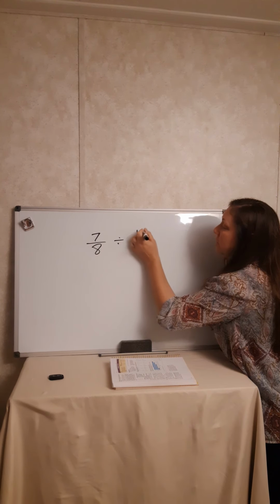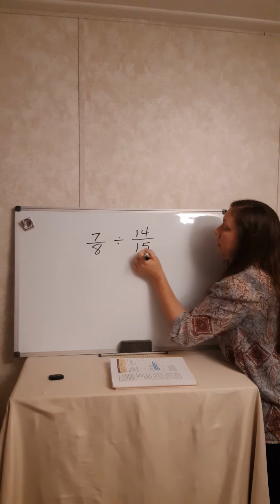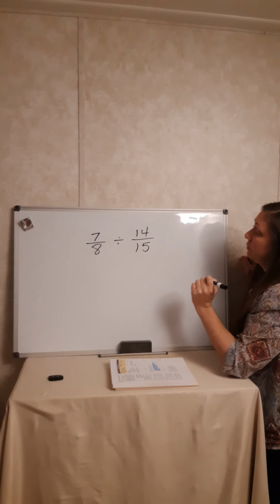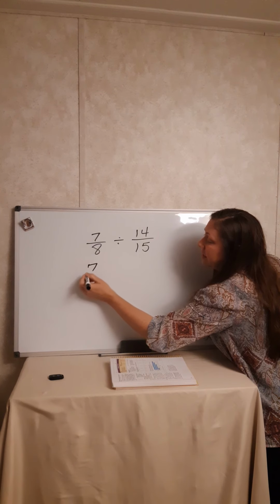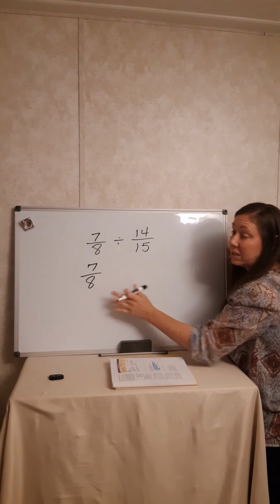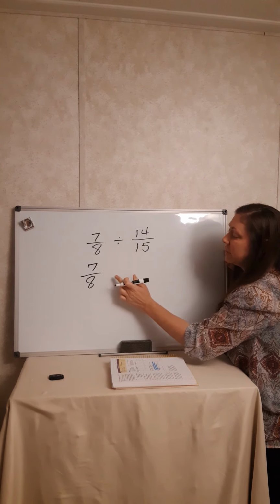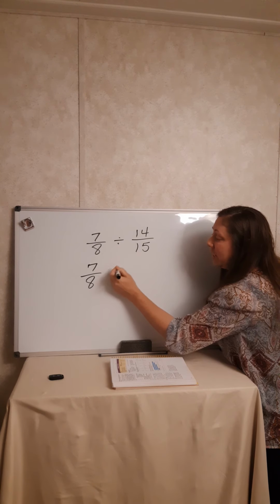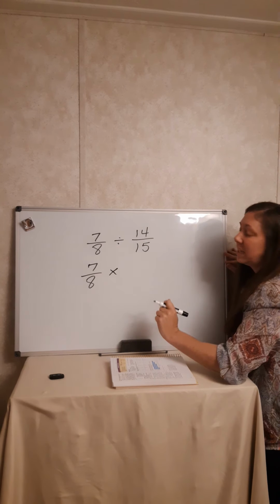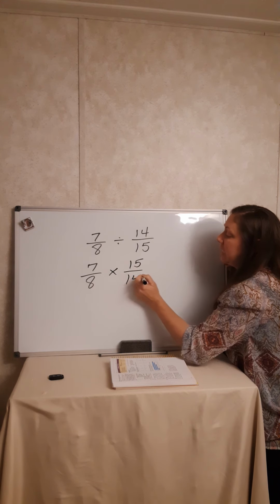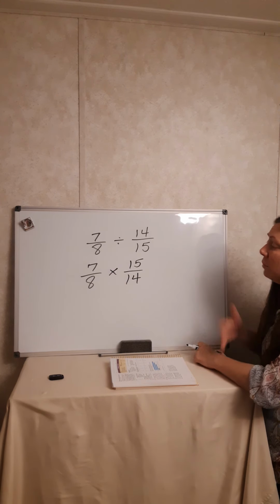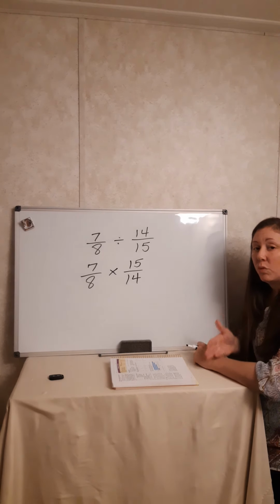Same thing, bring the 7/8 down. Nothing's going to change there. Change the division symbol to multiplication. Flip that second fraction. So this becomes 15/14. And what this does for me, again, now I'm going to cross cancel.